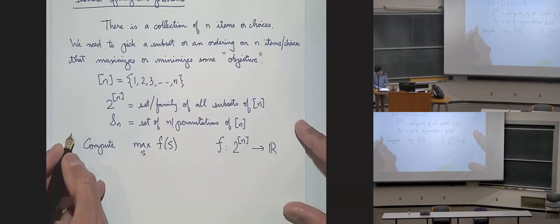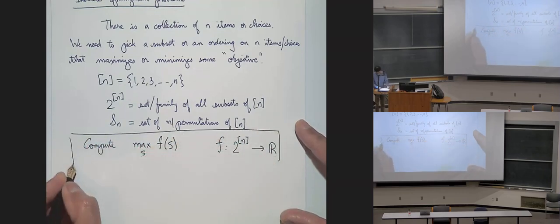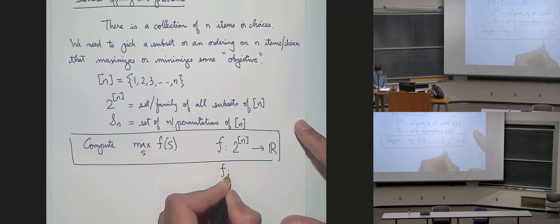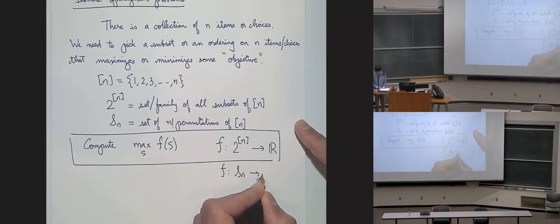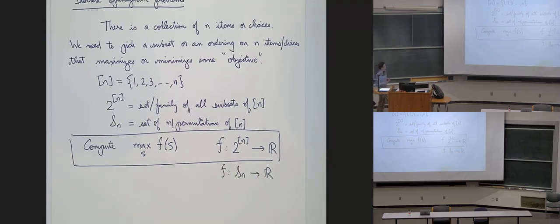So this is usually your problem setting. Sometimes this could also be a function from permutations to that. So what is this saying? It just says that you have some function on the set of all subsets, and you want to maximize this function or maybe minimize this function, depending on your objective.